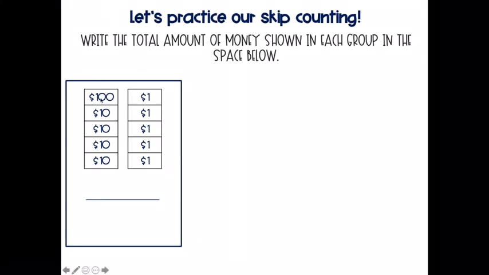Here we see a $100 bill, a $10 bill, 2 $10 bills, 3 $10 bills, 4 $10 bills, and we see 1, 2, 3, 4, 5 $1 bills. Can you guess how much money we have here? If you said $145, you are correct. Good job.